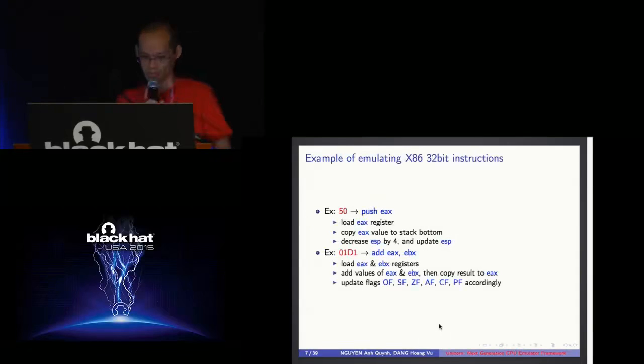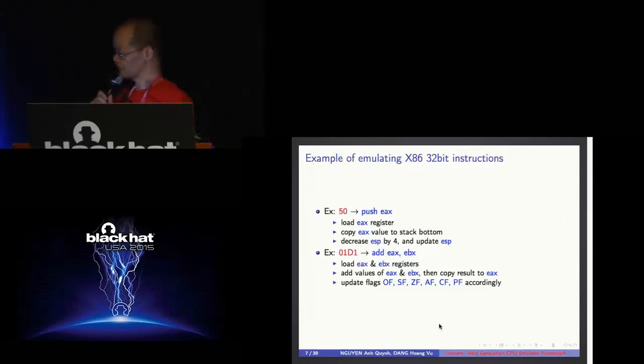So a few examples. For example, on Intel 32-bit, given the input 50, the emulator will decode this into a push EAX instruction. And after that, it sees this instruction, you need to load the EAX register. After that, it copies EAX onto the stack.